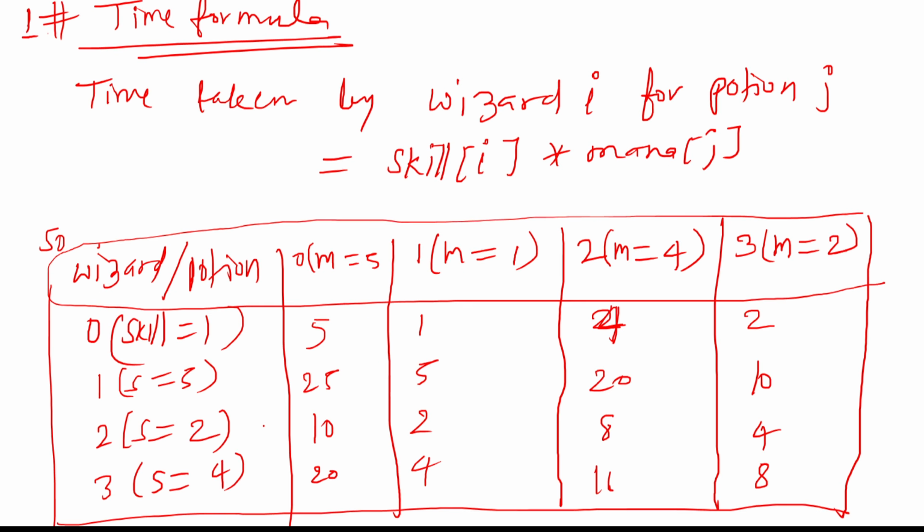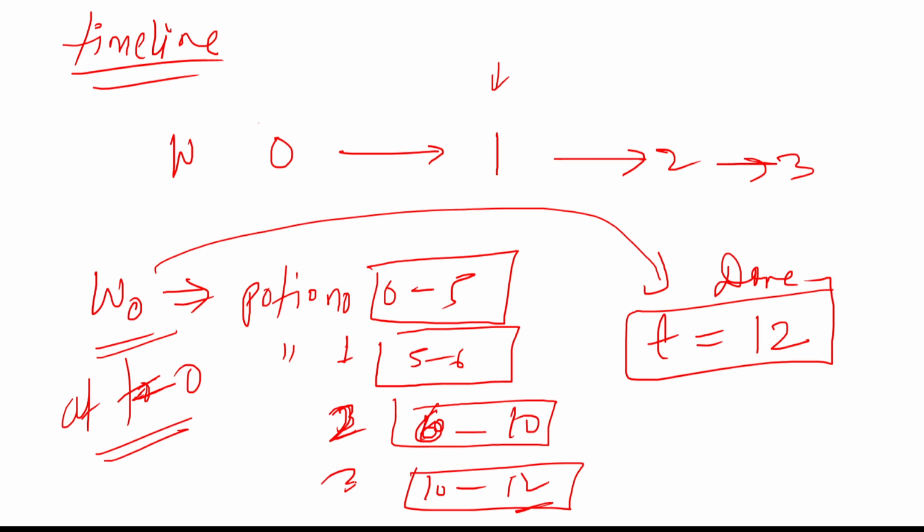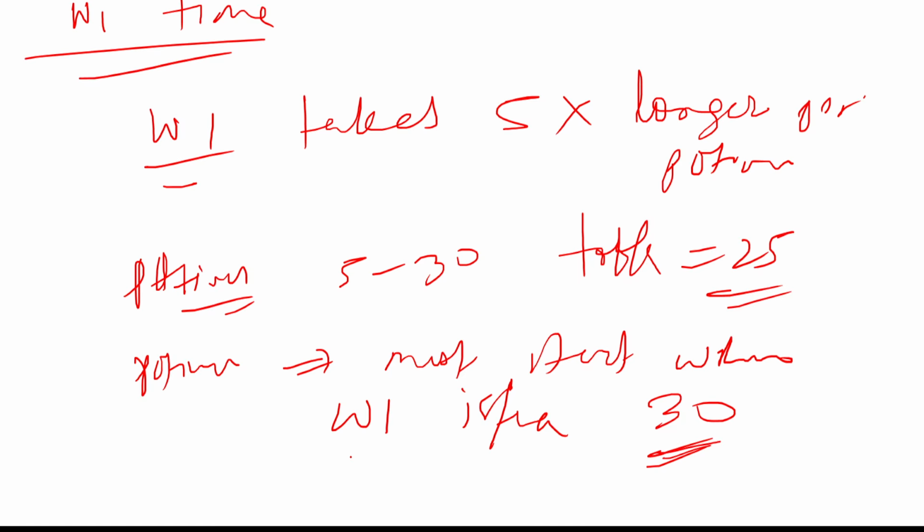If you see here, when it's completed the 5, that is when it reaches wizard 1, the time is 6, right? So it waits until wizard 1 is free, which is when t equal to 30.